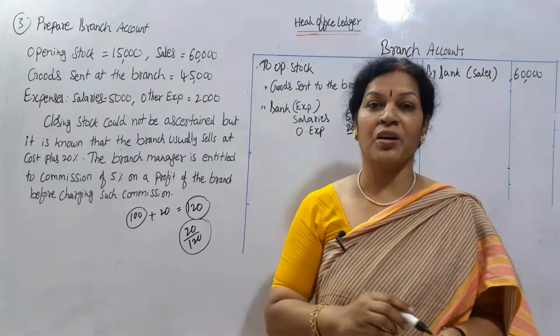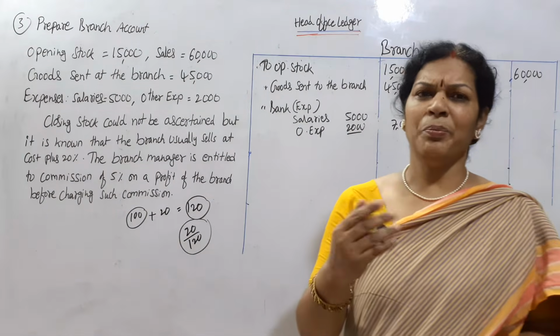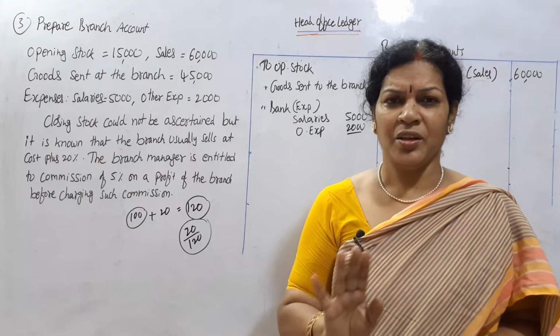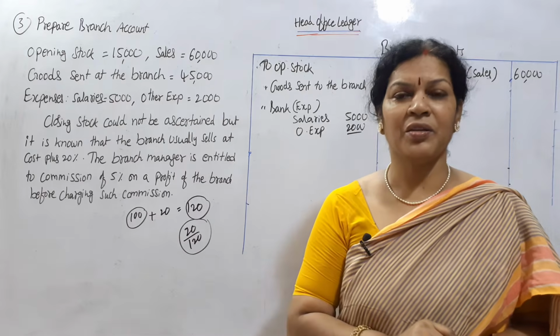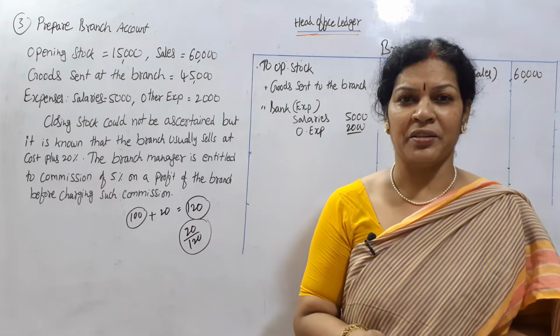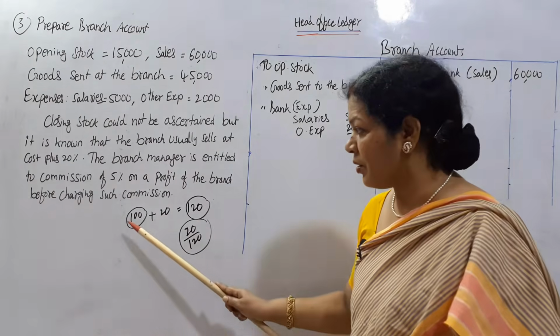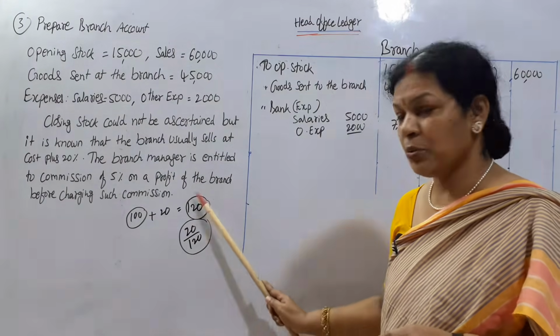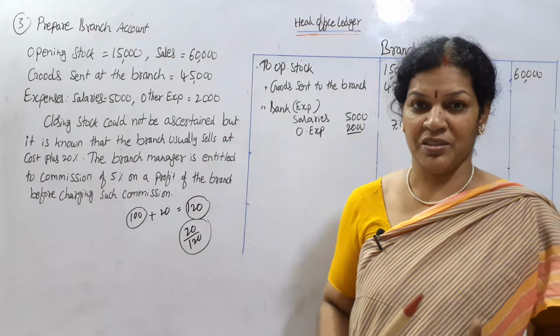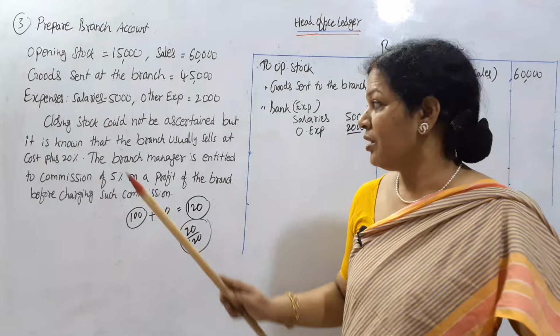So this is cost plus. Simply on cost, plus is not added. If they simply say on cost 20%, then 20 by 100. Cost plus 20 means it comes to 120, and 20 by 120 is the calculation we are going to do. Now what are they saying?